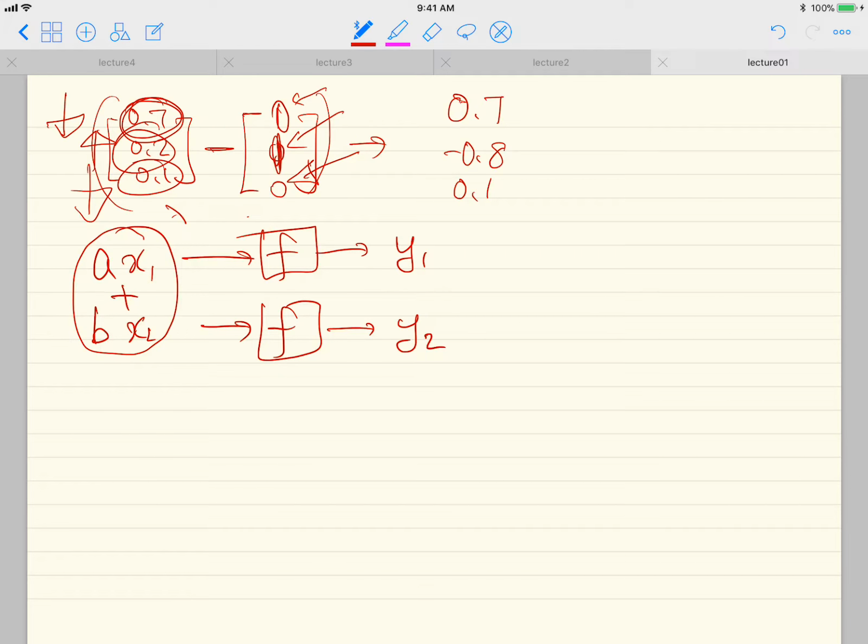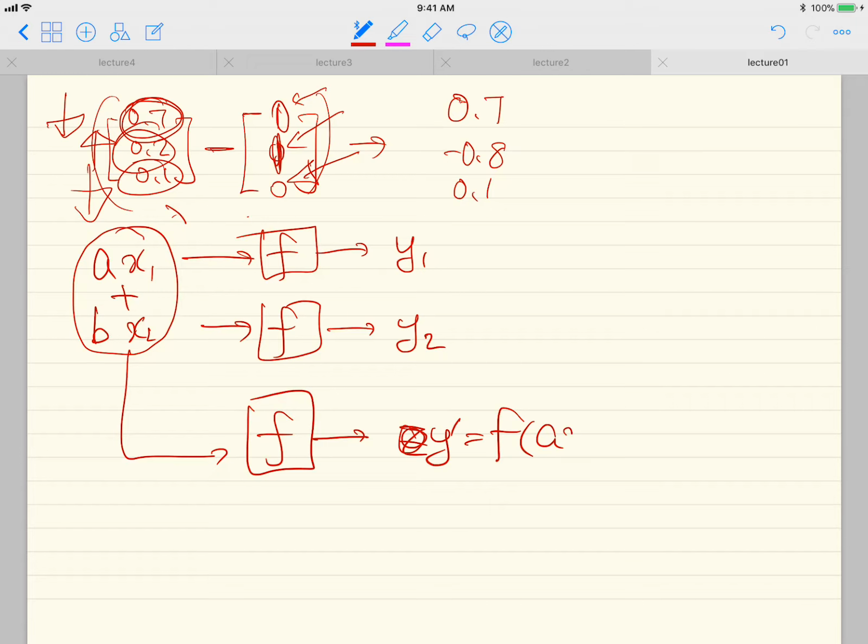We pass this through the same function and get an output, call it y prime, which is nothing but f of a x1 plus b x2.